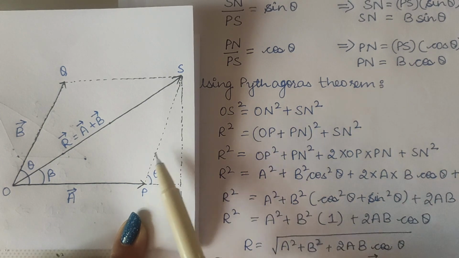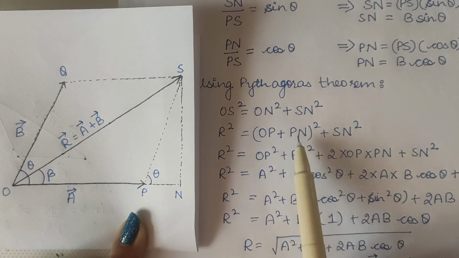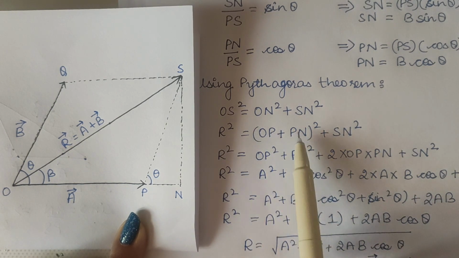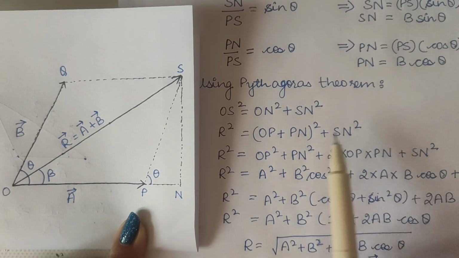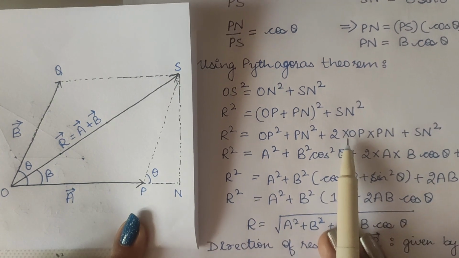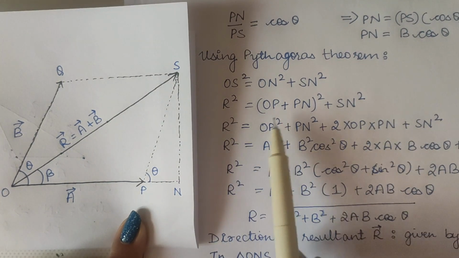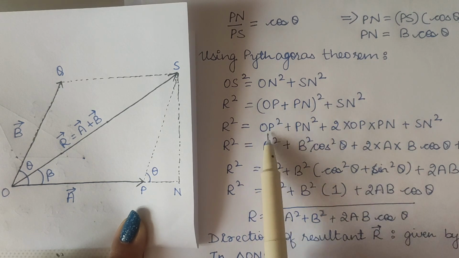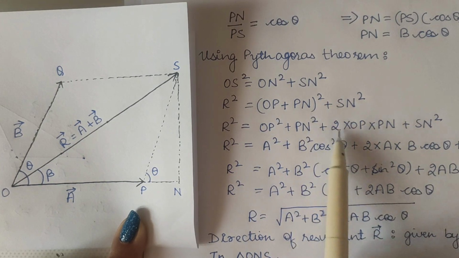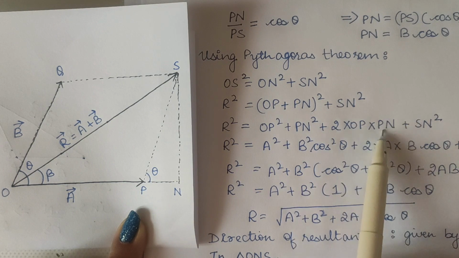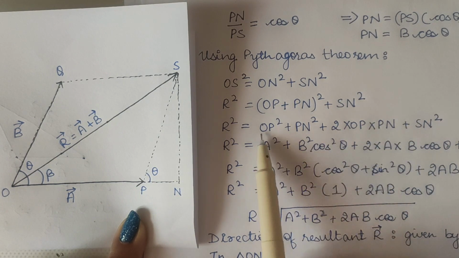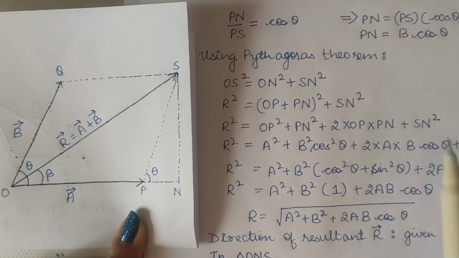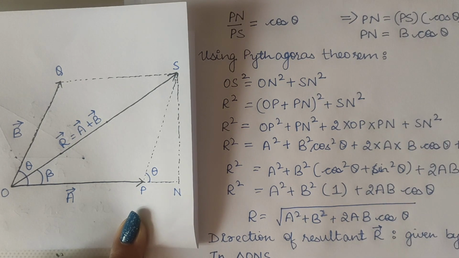So instead of writing ON, I am writing OP plus PN. So R square is equal to (OP plus PN) whole square plus SN square. So R square becomes equal to, in this A plus B whole square identity is applied, I get OP square plus PN square plus 2 OP into PN. So this is the opening of A plus B whole square identity, and then I have SN square in the end.